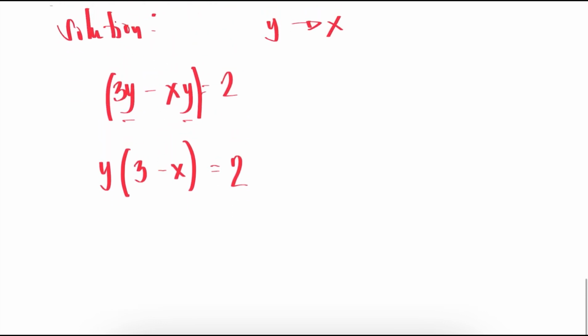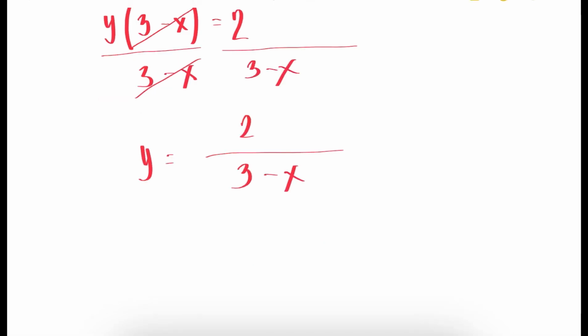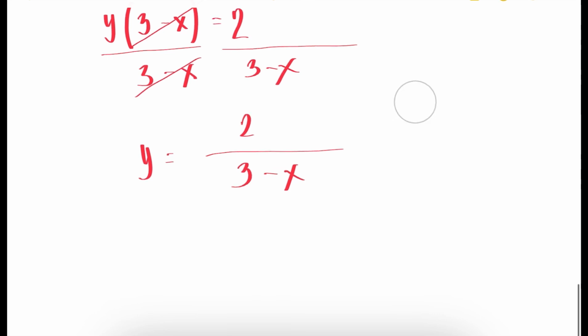Then let's solve for y. Divide both sides by 3 minus x. Cancel this out. So we have now y is equal now to 2 over 3 minus x. The obtained equation is a rational. So the denominator 3 minus x cannot be equal to 0. So 3 minus x is not equal to 0.